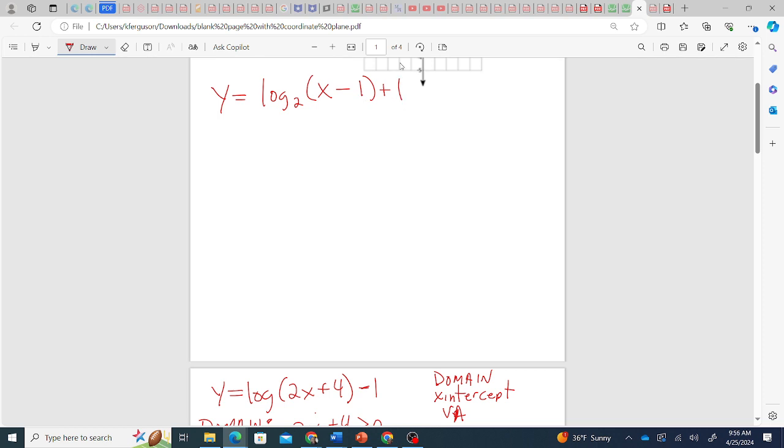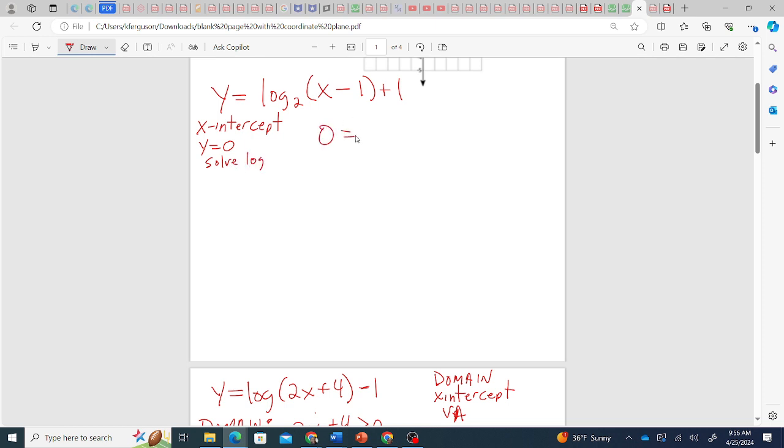Okay, let's do this. So I got that. Let's do the x-intercept. So the x-intercept, right? I need to set y equal to 0 and then solve the log.